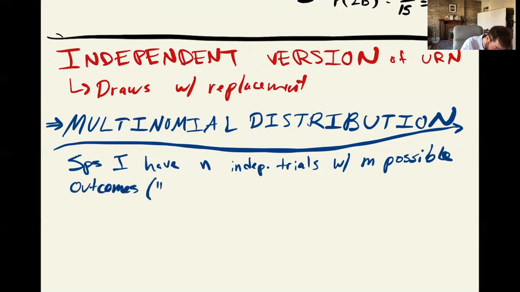Now you might want to even think of this as sort of categories or colors at each step.